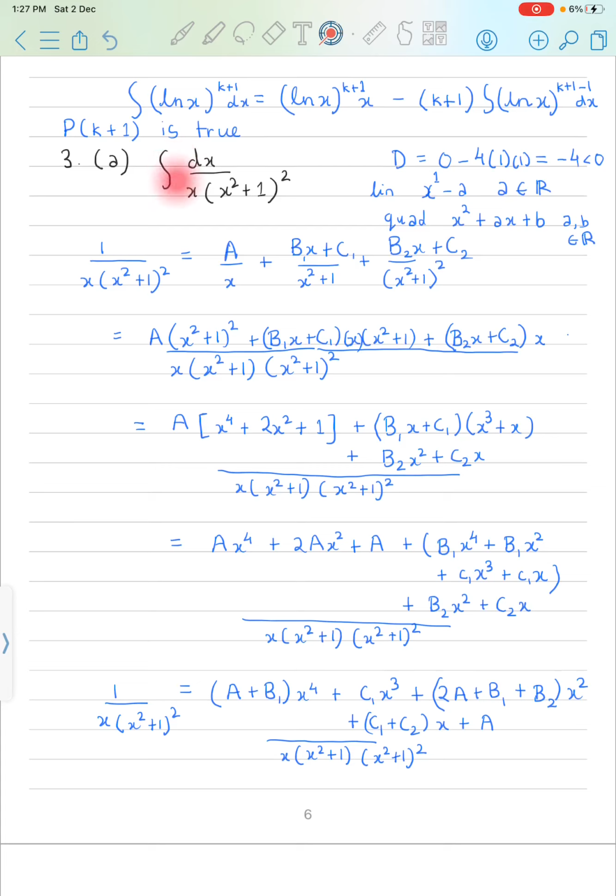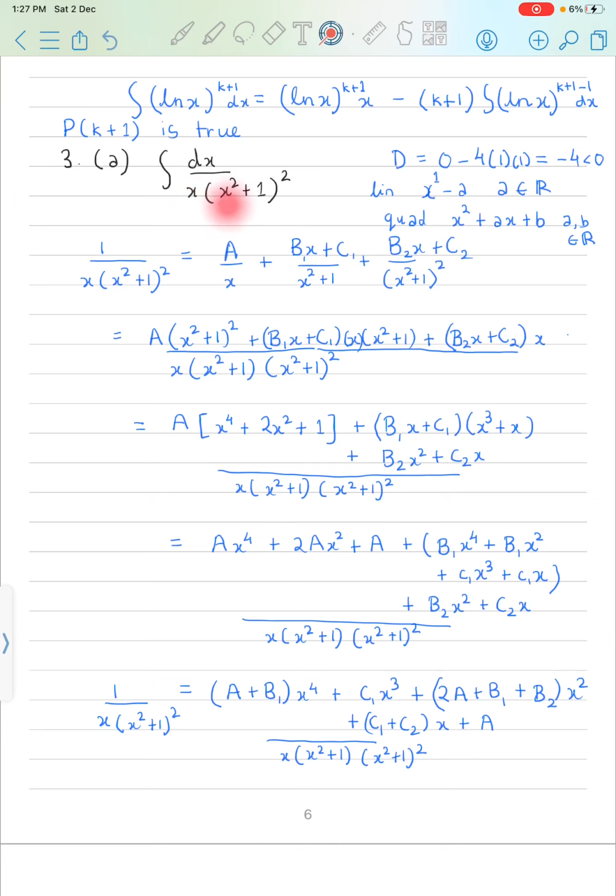You can think of it as x to the power 0, so this has degree 0, and in the denominator we have degree 1 plus 2x to the power 2, which is twice, so 4, plus 1, degree is 5. So below we have a 5-degree polynomial, so we don't need to divide it because the degree of P(x) is already less than the degree of Q(x).